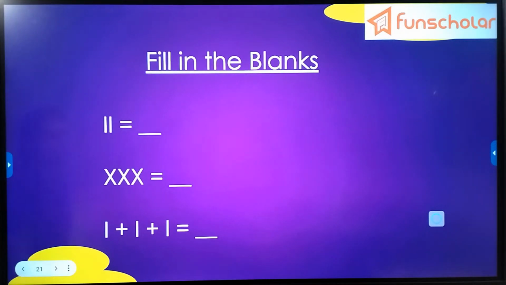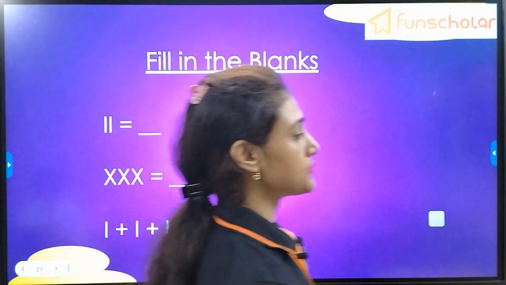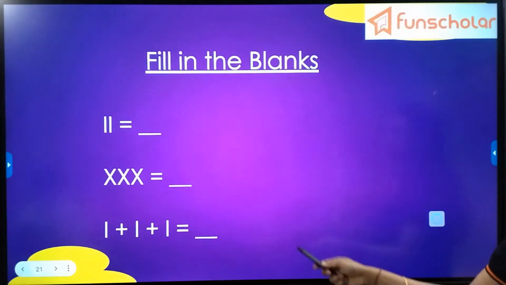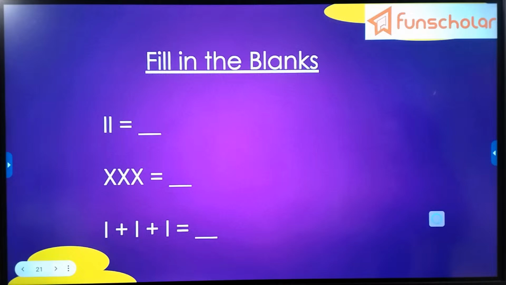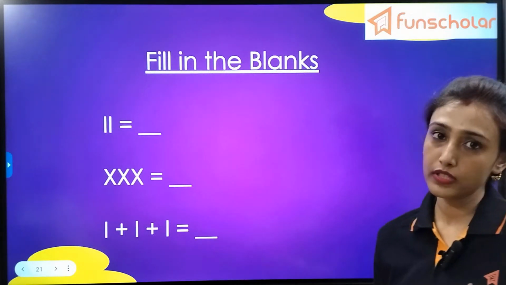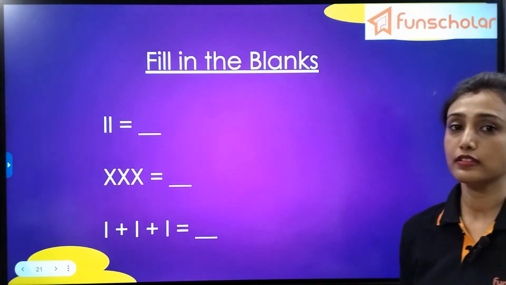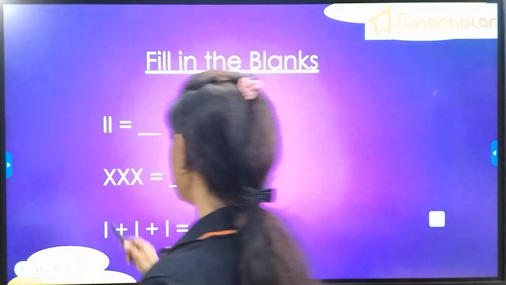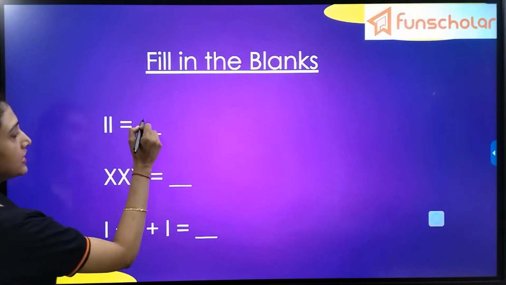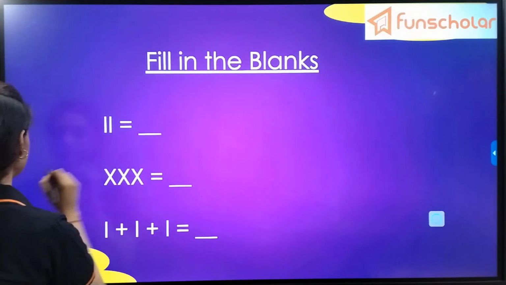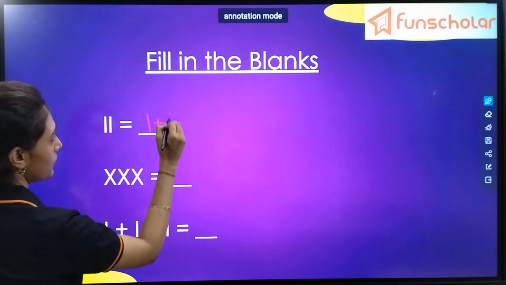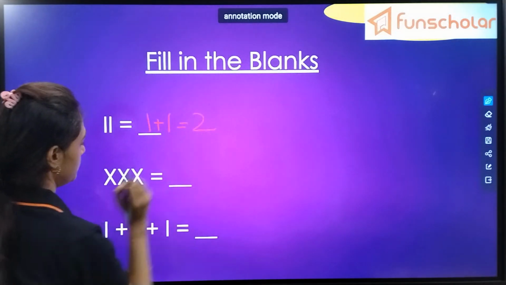Now check your progress. First you just pause the video and try to solve this. I am solving it for you, but before that you pause the video and solve it yourself, then check it. There are two I's. So each I represents what? 1. 1 plus 1 equal to 2.